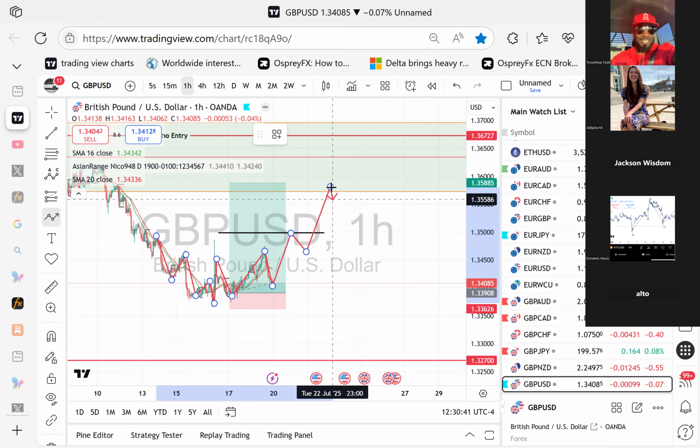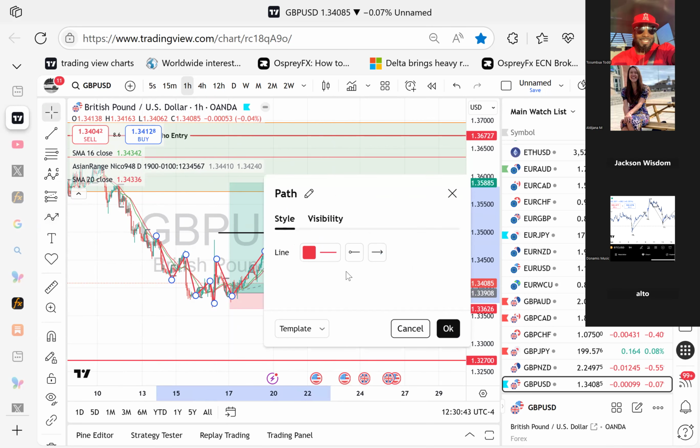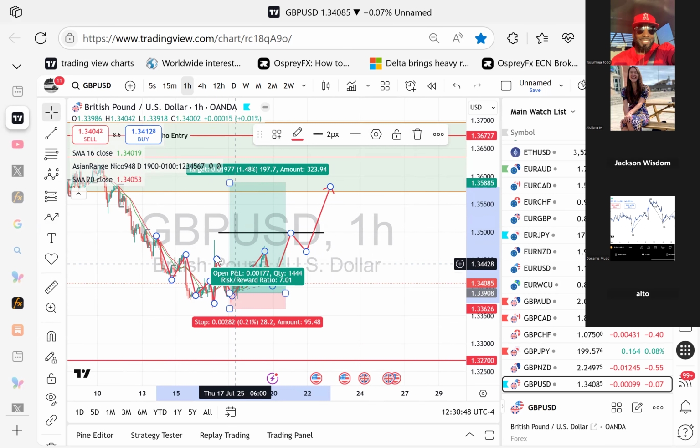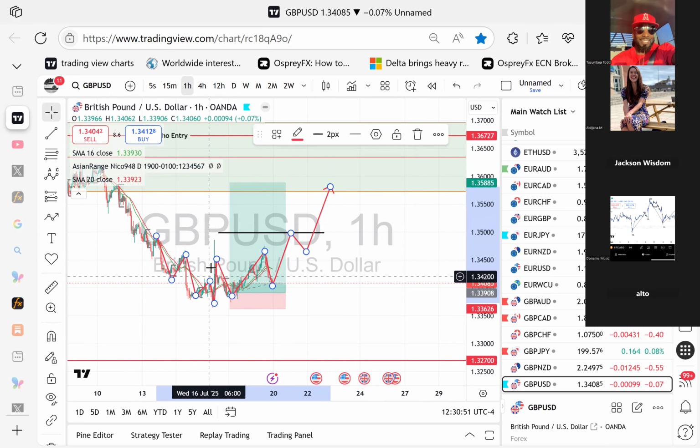And it's not that my way of seeing it is the right way of seeing it. My way of seeing it is just my way of seeing it. And my trigger was this push up that broke this high. This pullback said get into the trade. My swing low is right here. So that's the low that I'm going to protect.